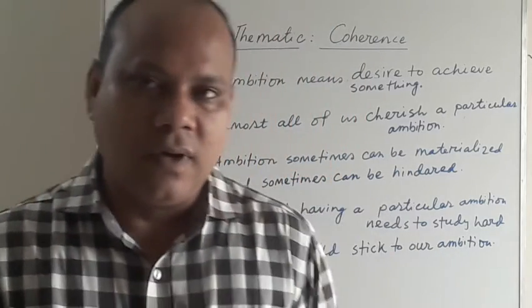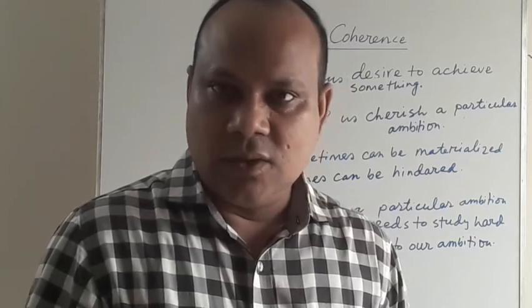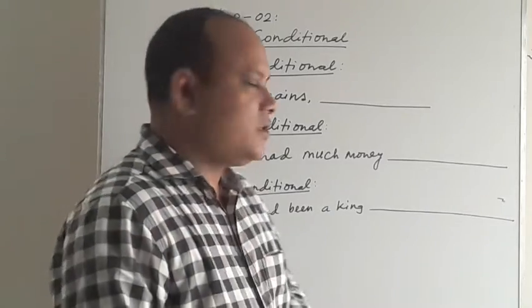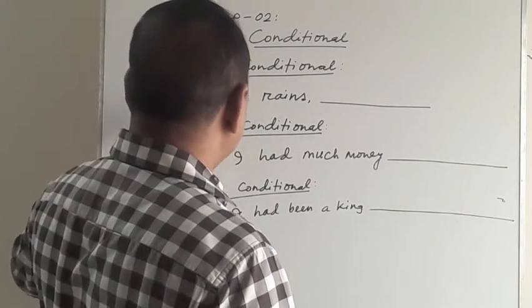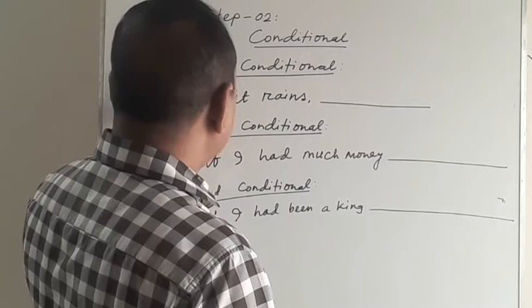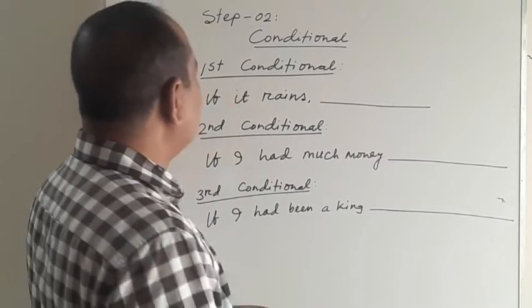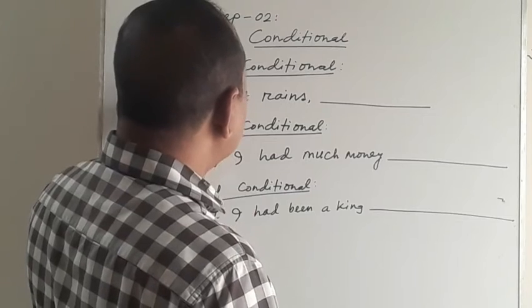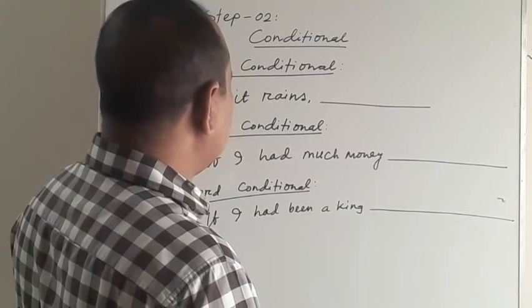Next, I will go for another rule of completing sentences based on conditional. My dear students, I will now discuss step 2, that is conditional sentences, that is completing sentences based on conditional.